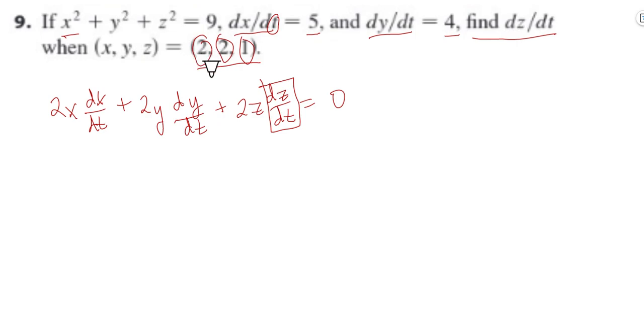So we start plugging things in. Here x is 2, so I write 2 times 2. dx/dt, that's this one here, that's 5. And then I've got 2, and y also happens to be 2 at this place. dy/dt, they gave that to us, was 4.